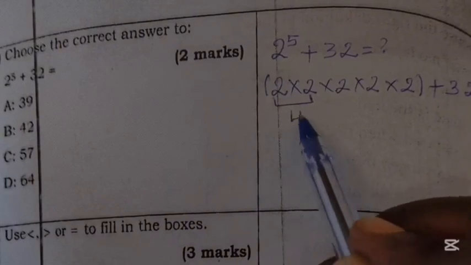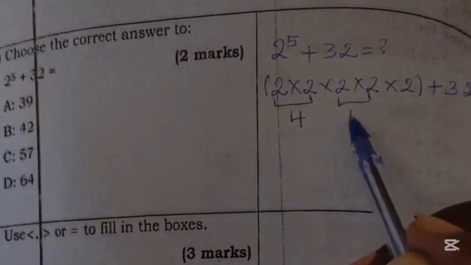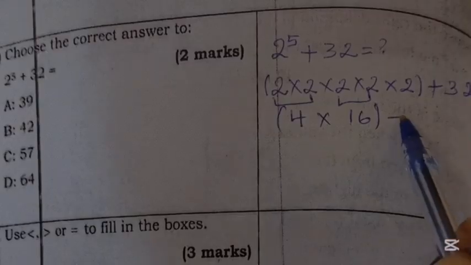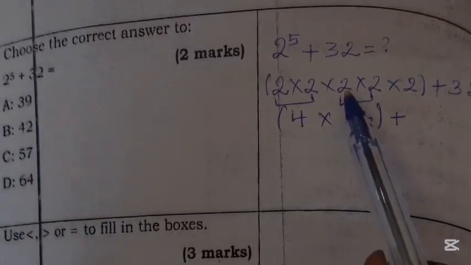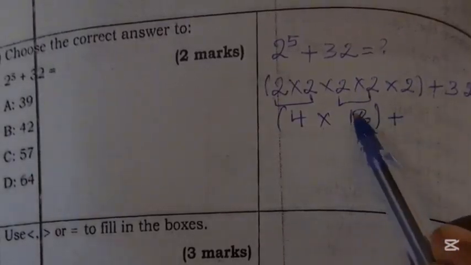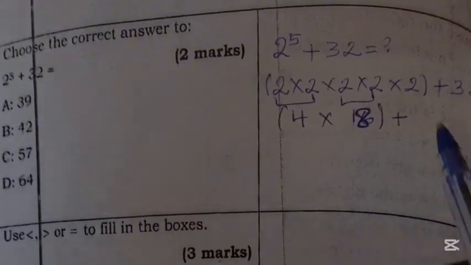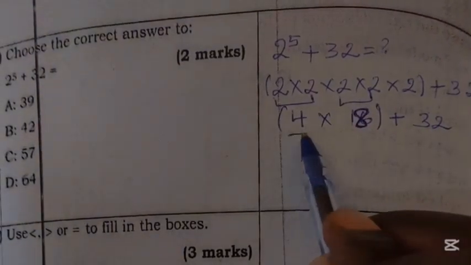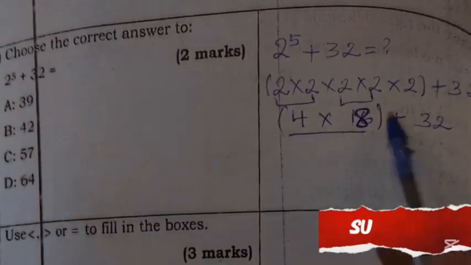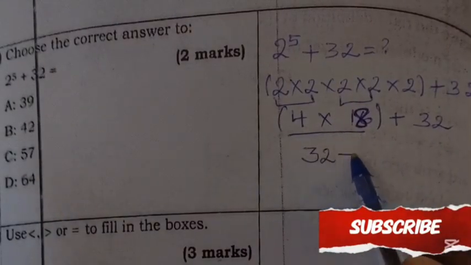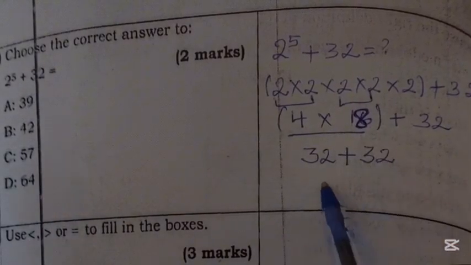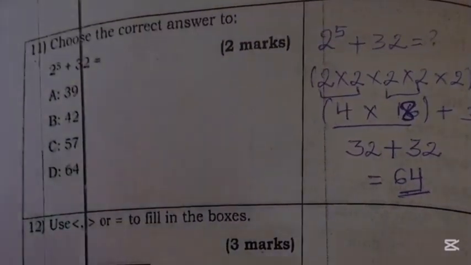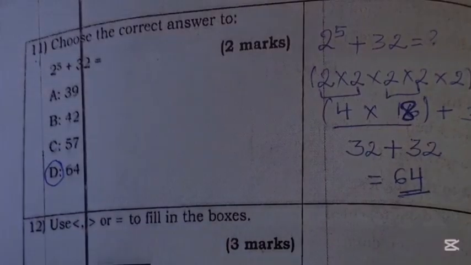This is 4, and 4 times 2 is 8, 8 times 2 is 16, and 16 times 2 is 32. Then plus 32. The answer equals 64. Then our answer will be this.